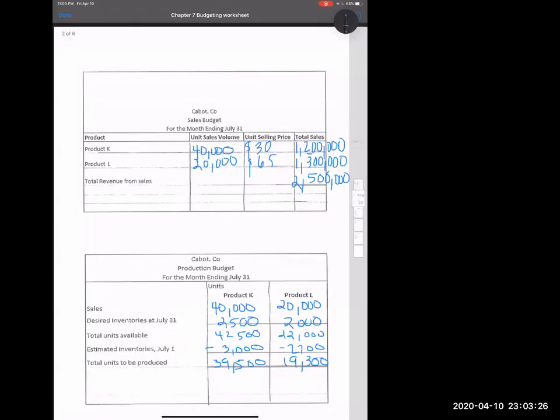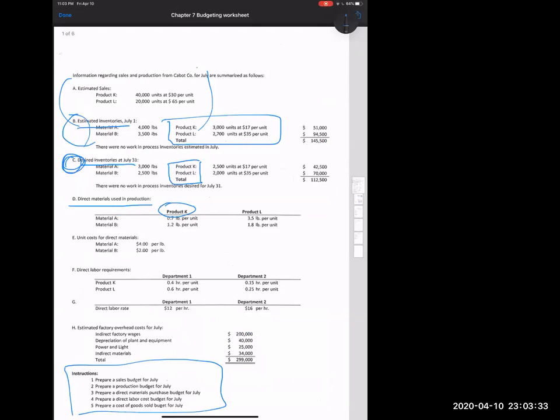For material A, it's 0.7 pounds per unit. How many units of K are we going to make? If we go back here, it says for product K we're going to make a total of 39,500 units, right?